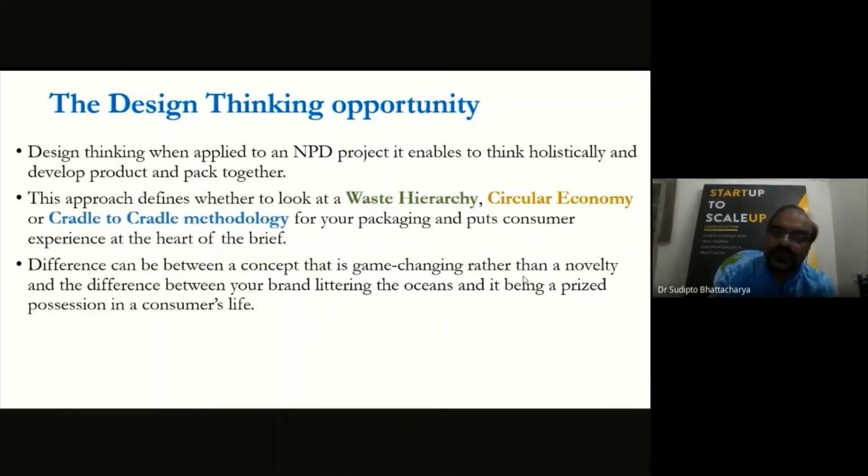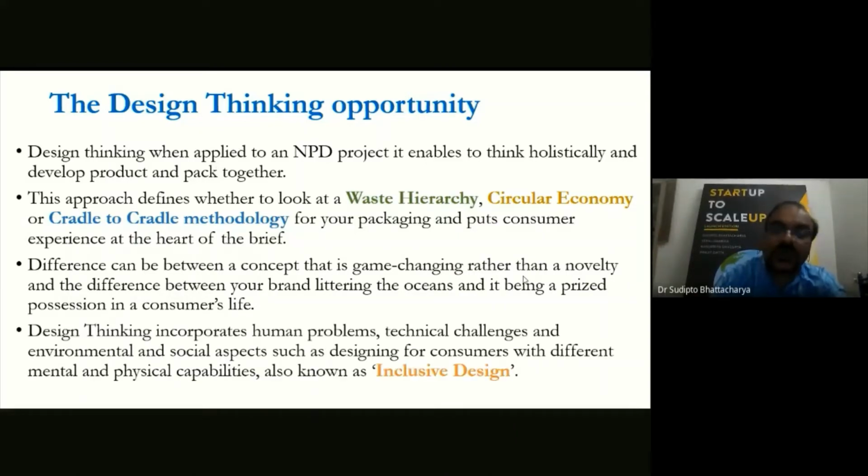And we do understand that life underwater and life on the earth are very dependent on the brands which we are littering. It is a prized possession in consumers' life, but we are at times littering it when we dispose of them. So this concept of inclusive design comes up, where we incorporate human problems, the societal problem, the technical challenges.